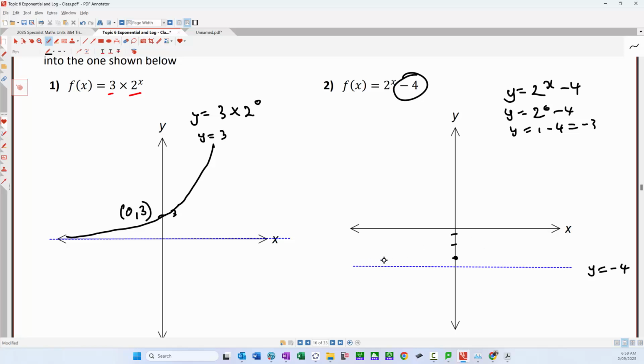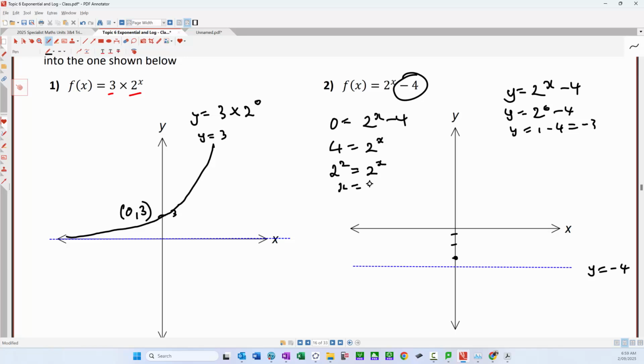All right, now you can see what's going to happen is it's going to have an x-intercept as well. So we want to know where that x-intercept is. So the x-intercept occurs when y is equal to 0. How do we solve that? Well, we're going to take the 4 over to this side here. And you can think about this intuitively, or you can think about kind of equate the bases.